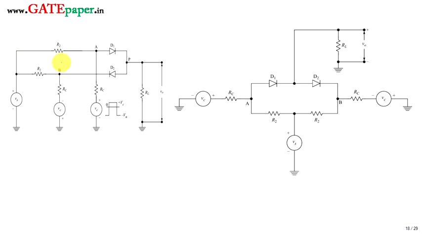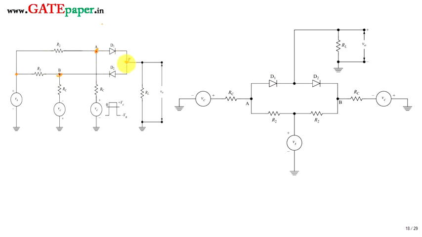This is the given circuit of the bidirectional diode sampling gate, and that can be redrawn like this. This is the redrawn version of the diode sampling gate. You can easily understand this by going through it. There are 4 nodes in this circuit: 1, 2, 3 and 4.